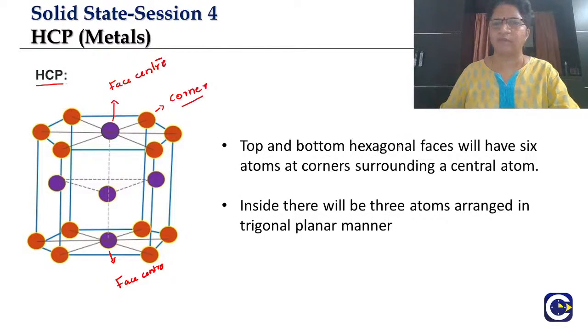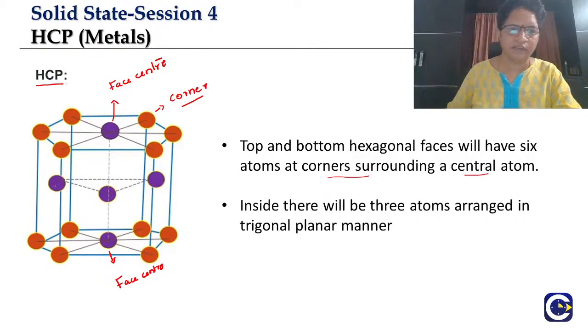Top and bottom hexagonal faces will have 6. You can see 3 here, 6 of them at the corners surrounding a central atom, which will be the face center. Inside, in between, you will have 3 of the lattice points. It's like a body centered lattice point, which is not shared by any other unit cell.